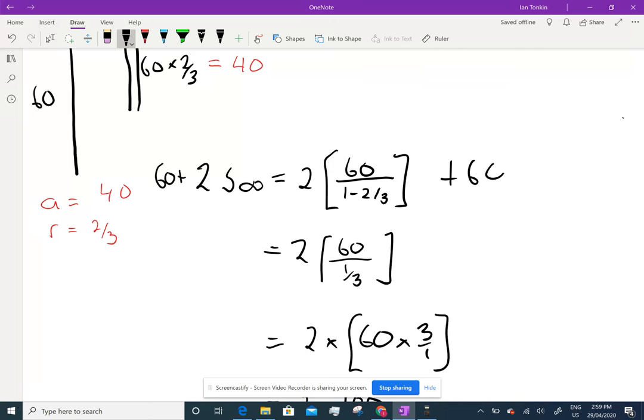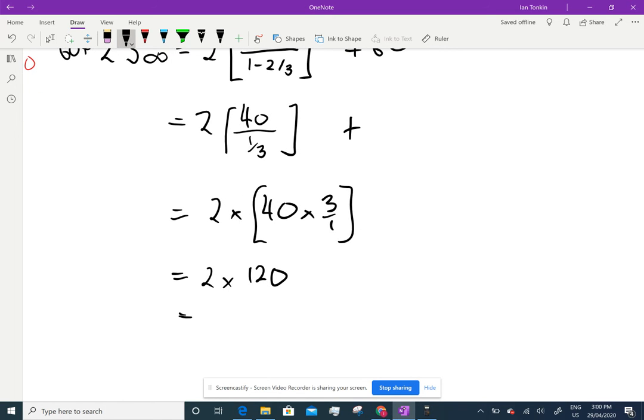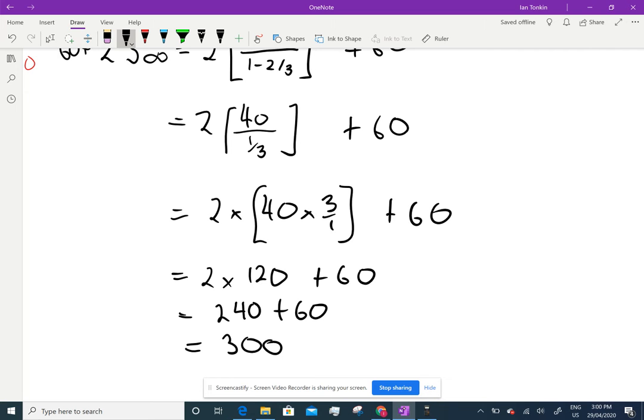So plus 60, and I'll quickly change that to 40. 40. 40. That's 120. And I'm going to have my 60 on the end, which is 240 plus my 60, which is 300 centimetres.